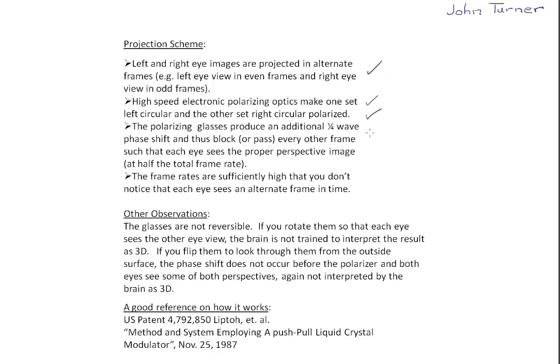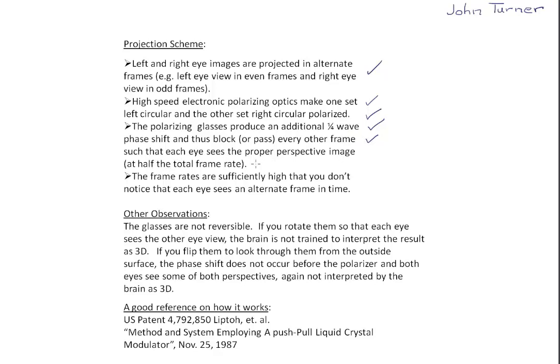Your polarizing glasses then produce an extra quarter wave phase shift before the images get to your eye, and then the final layer of your glasses are polarizing filters which block or pass every other frame depending on which eye and the orientation. And it's done such that each eye sees a proper perspective image.